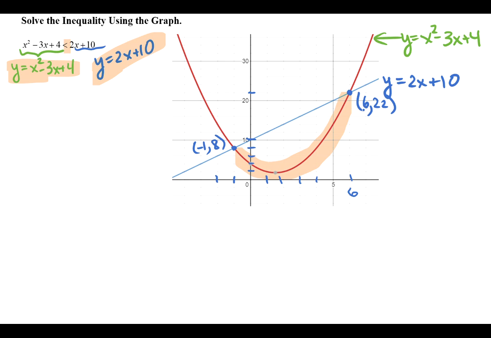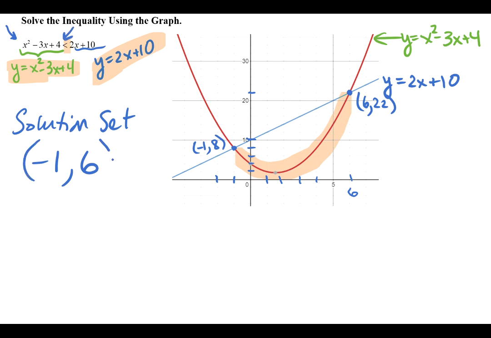Remember, it's the x values we care about, because we're trying to solve for x. So the solution set should be from -1 to 6, and we want to include all values between them, but because there is no equal sign on the inequality, it's a strict inequality, we would not include the endpoints. So the solution set would be from -1 to 6.